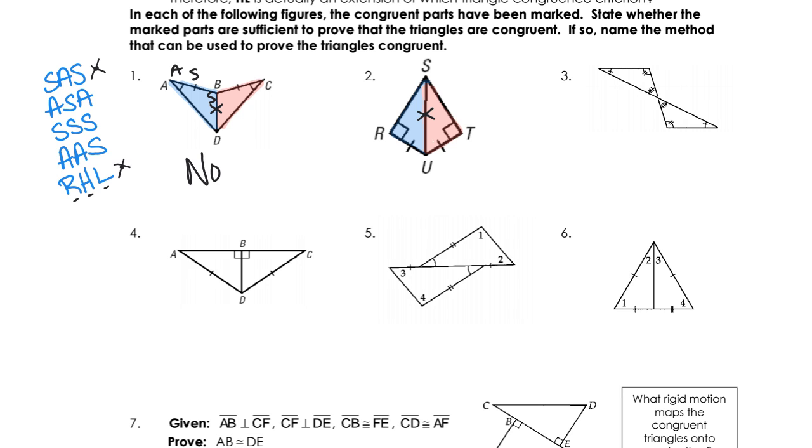And notice that anytime you have a right angle, check RHL first. You do have a right angle, so that's a check mark. The side across from it is actually the shared side, and that's the hypotenuse. And this single tick mark down here is on a leg. And so these 2 triangles are congruent by RHL. Take a look at the next picture.